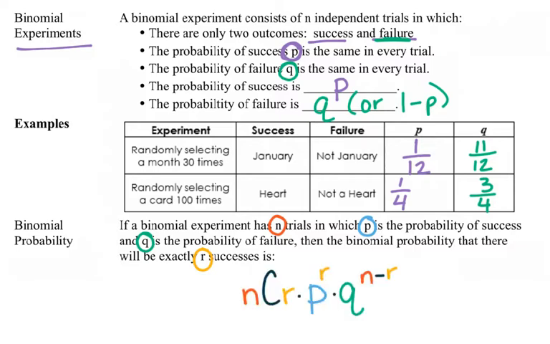Okay, there it is. So this is NCR, which is N combination R that we talked about already, P to the R power, and then Q to the power of N minus R. Oh, it's horrible. It's actually huge in statistics, so it's a big deal. Okay, so you pause the video, you color code it, take as much time as you need. We're going to do some examples.